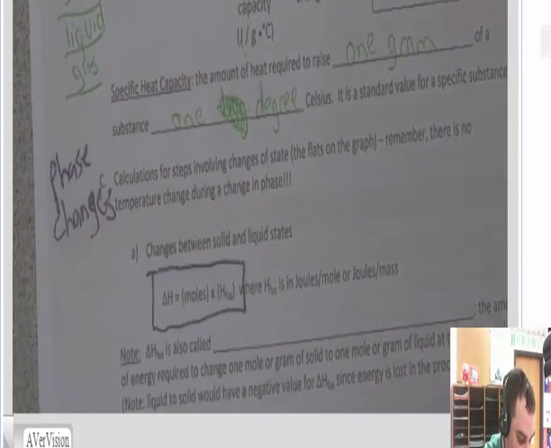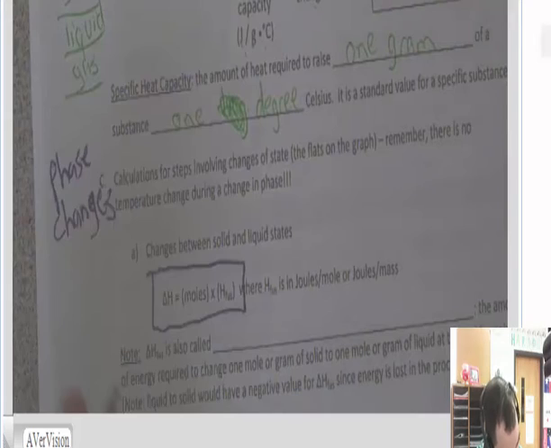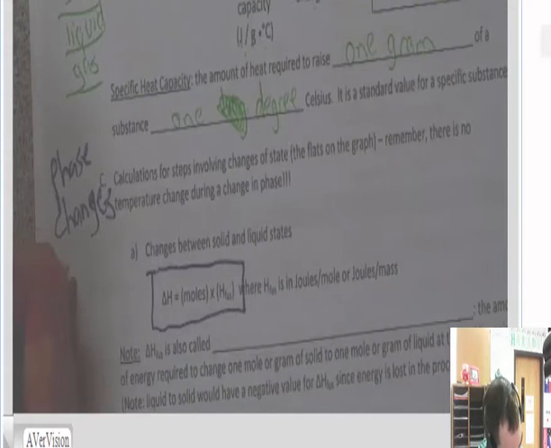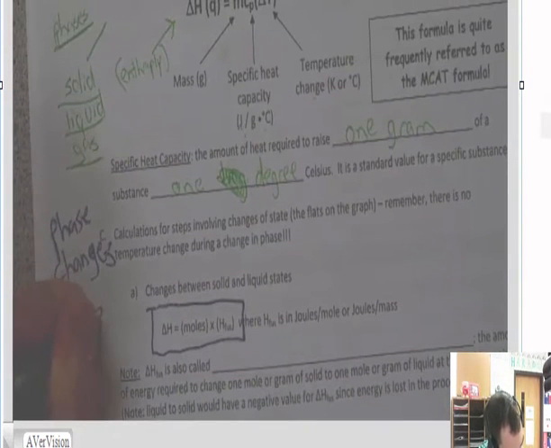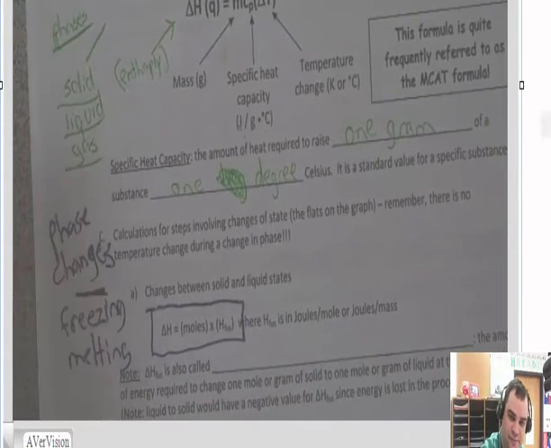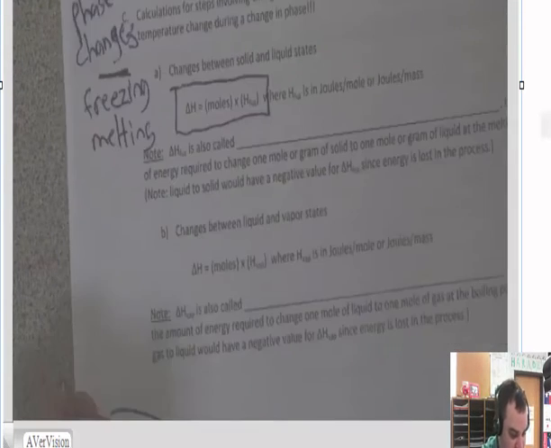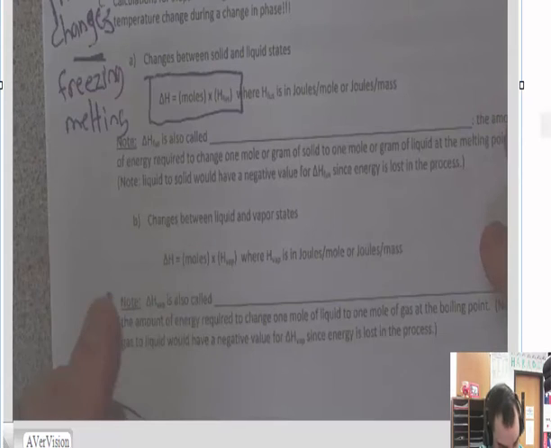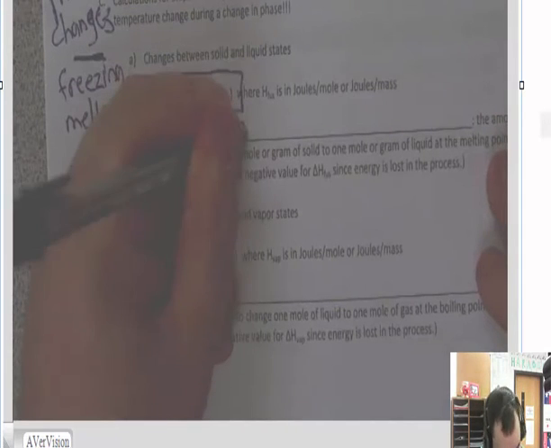We're going to use this equation here. Delta H equals moles times the heat of fusion. This is for freezing and melting. This is going to be the flat part of the graph. Delta H of fusion is called the enthalpy.